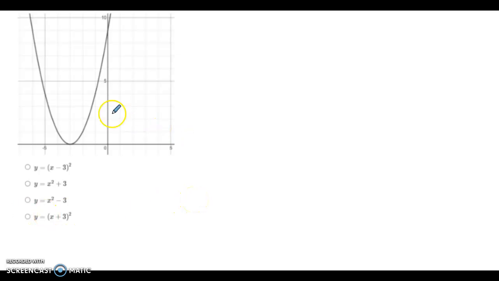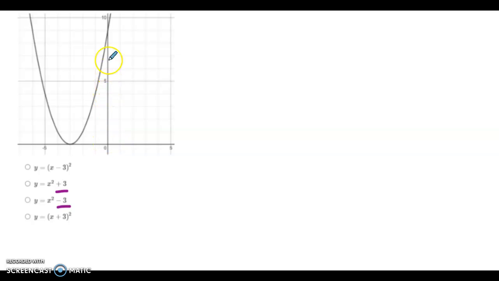Okay, so for this one, I must have cut off the question. Sorry about that. But we're trying to figure out which equation matches this graph. Y'all, honestly, I would probably go to Desmos and type each of these in. Desmos is a free calculator that all of you can use. So I would type each of these in and see which one matches. I'll give you a heads up for how to do it without a calculator. The last number here is kind of like the y-intercept.